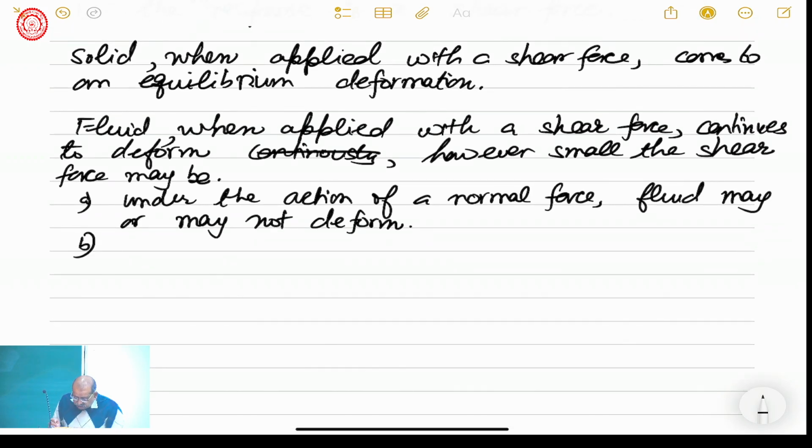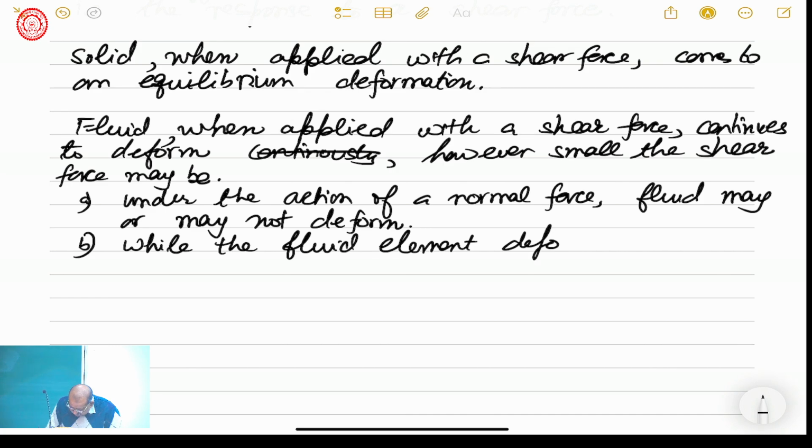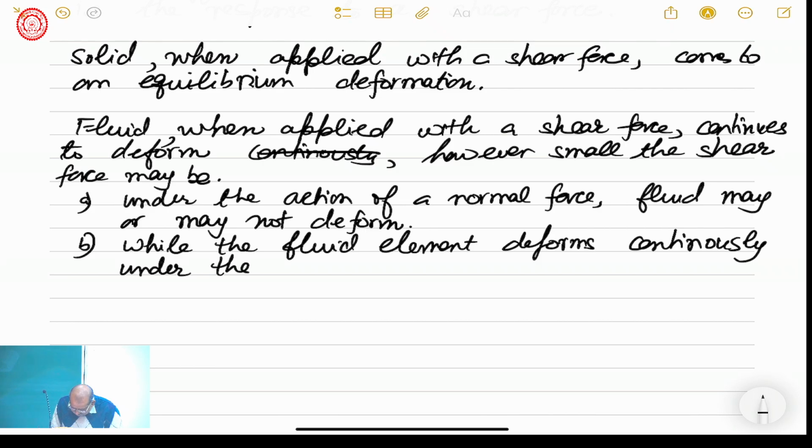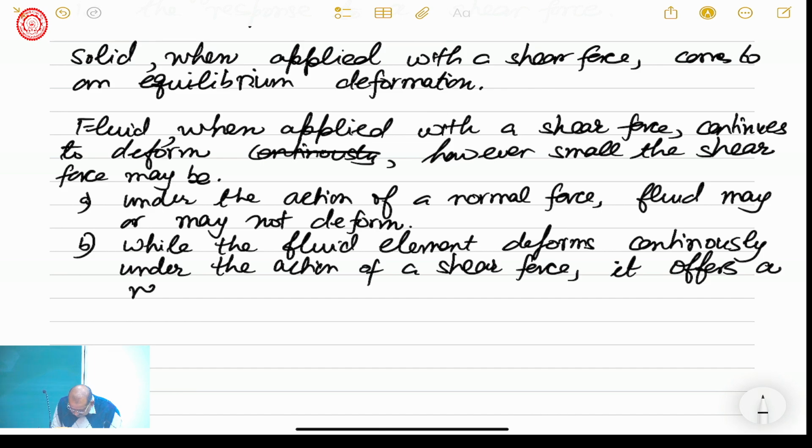And the second thing is that while the fluid element deforms continuously under the action of a shear force, it does offer a resistance.